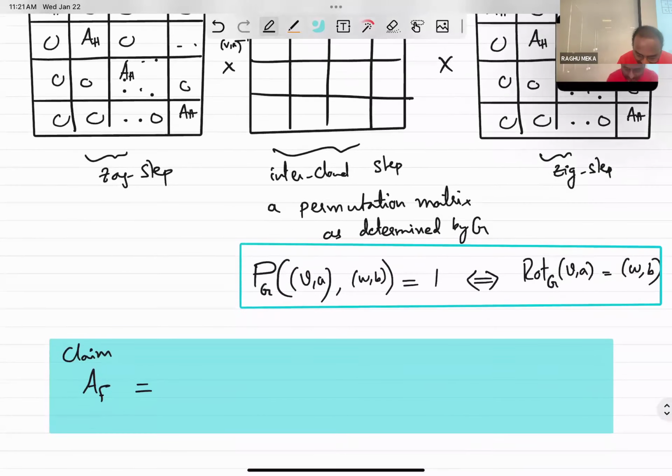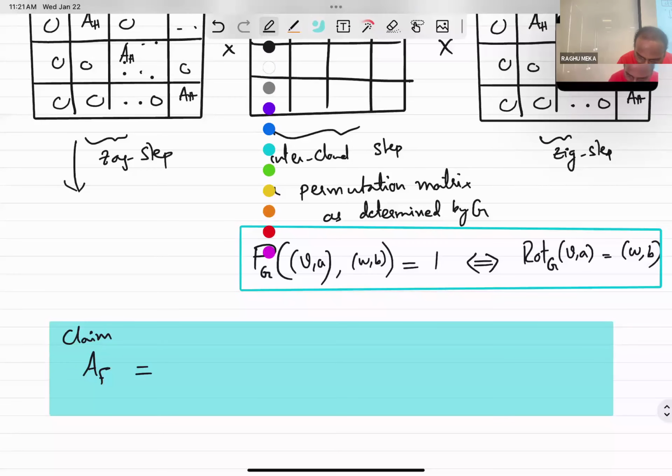So this matrix is the identity matrix on N times AH. What is this times? This circle times is the tensor product.